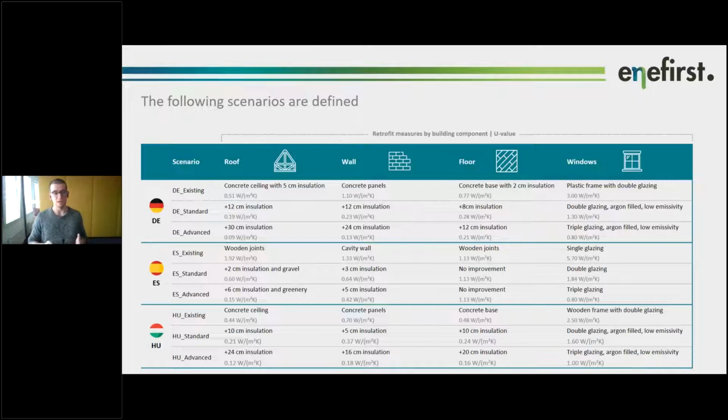But then on the other hand, we're planning a completely new energy supply system for the neighborhood. That's the first scenario. The second scenario involves what we call standard retrofit of the building. So this is a thermal refurbishment of the building components, but with limitations when it comes to the implementation ambition, if you will. And finally, we have an advanced scenario which corresponds to a deep retrofit of the building stock.